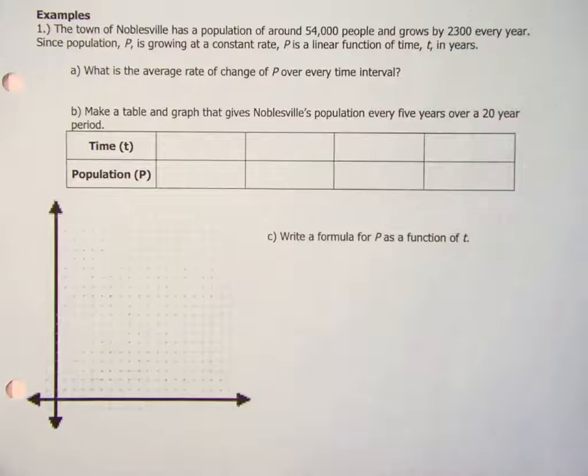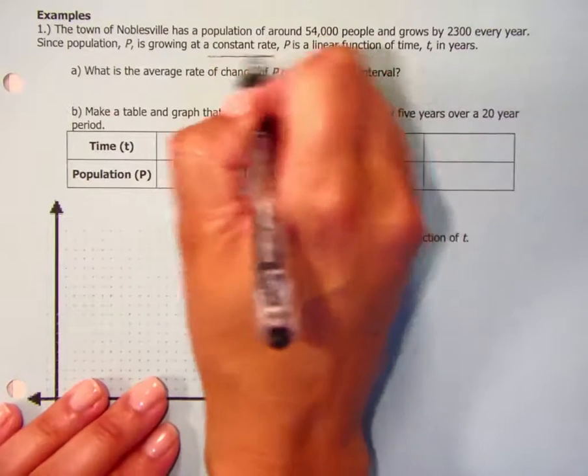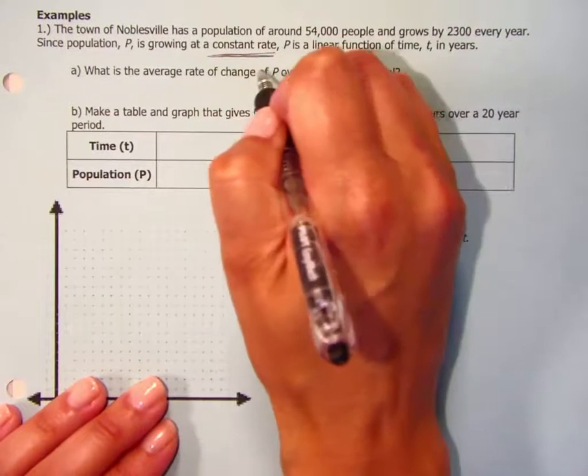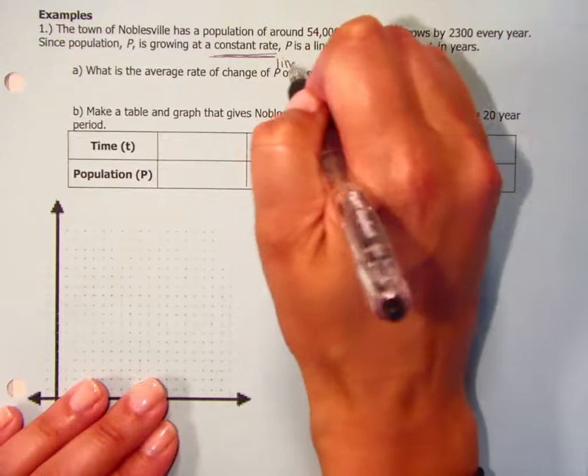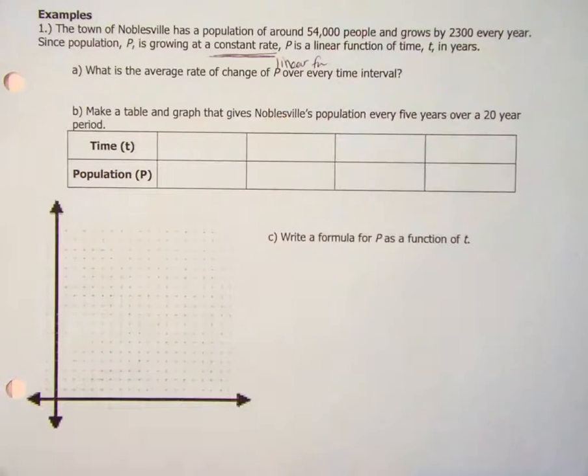Since population P is growing at a constant rate right there, it tells you right away we're looking for a linear function. You see constant rate, you know it's a linear relationship. That population P is a linear function of time T in years.